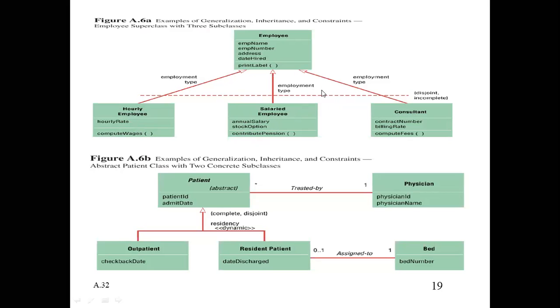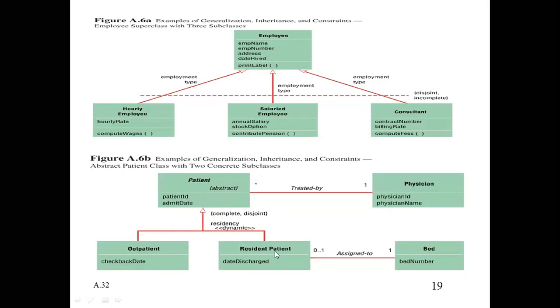This is the generalization concept. Next is showing the concept of generalization as well as inheritance. This patient class is also represented using the generalized class. You can see the specialized classes are outpatient and resident patient. These are the specialized classes, with attributes like check date, back date, date discharged.